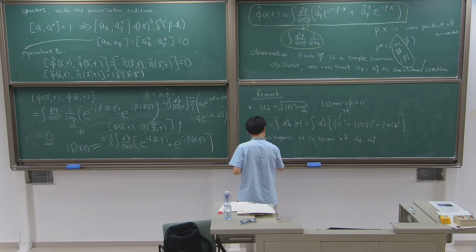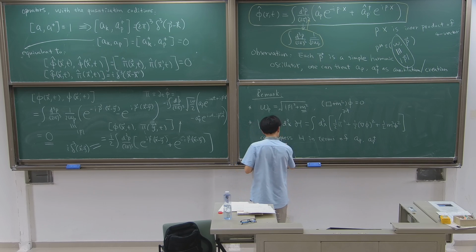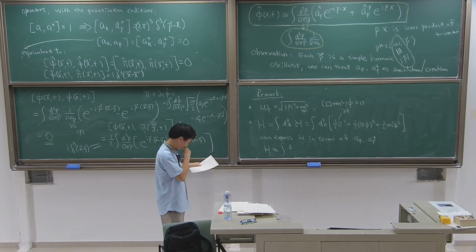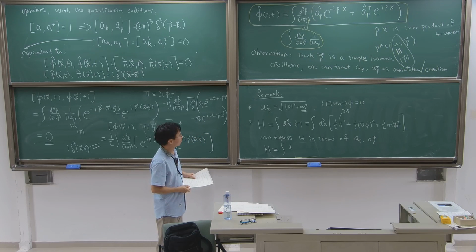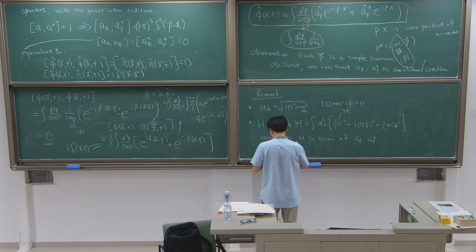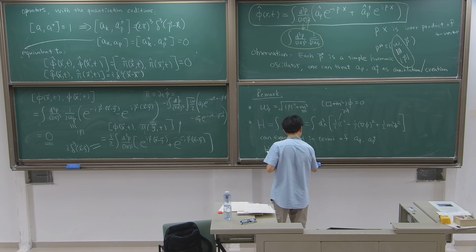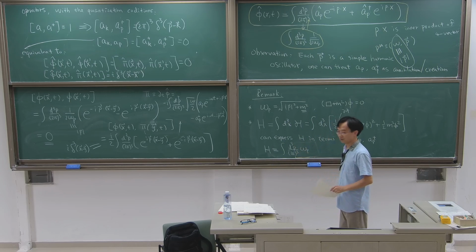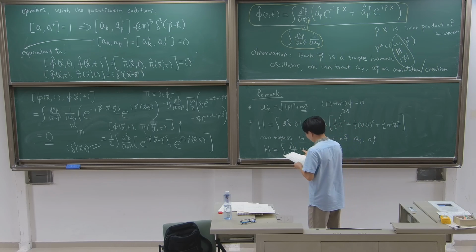So what is the result? Yeah, this is a non-trivial calculation. You should do it yourself. It's not something that you can just observe. The result will be a p space integral, again, with omega p, with a bracket.